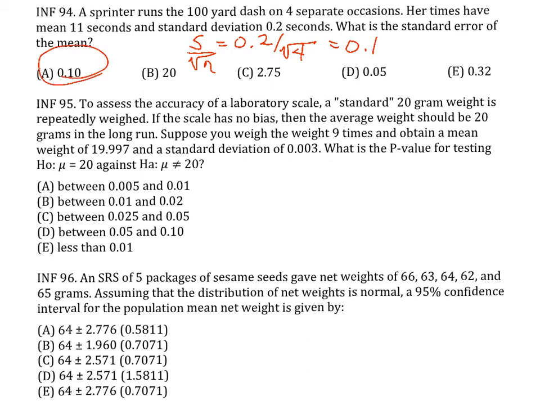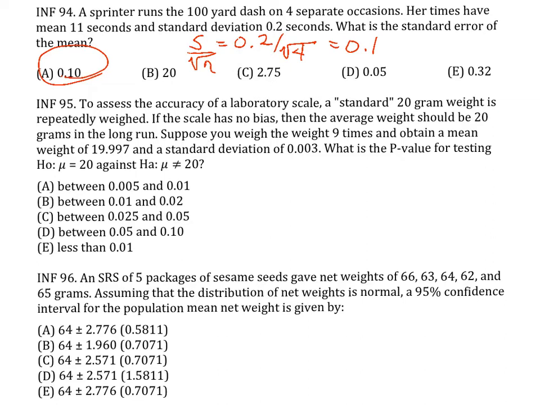What about 95? In 95, we want to calculate a p-value. Okay? For a two-sided test. This test, what is it, a Z or a T test? Well, we're told about assessing the accuracy of a laboratory scale, a standard 20-gram weight.